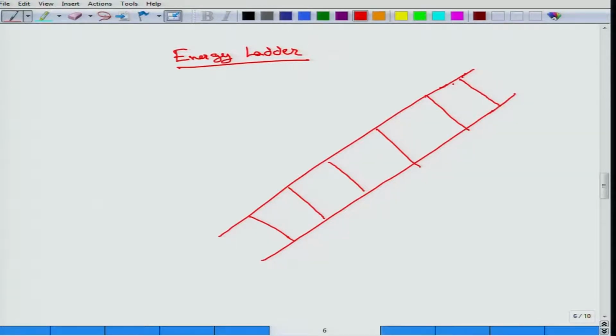On this side we have cleanliness, and the cleanest energy is renewable energy, solar energy or wind energy. Then we have electric energy.